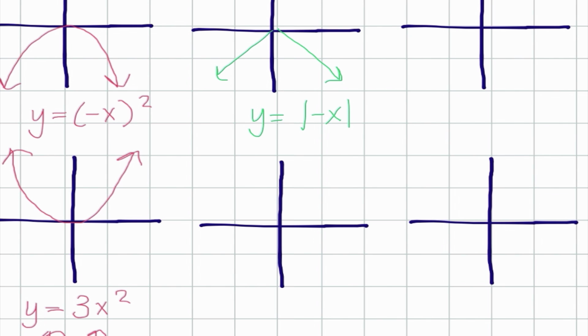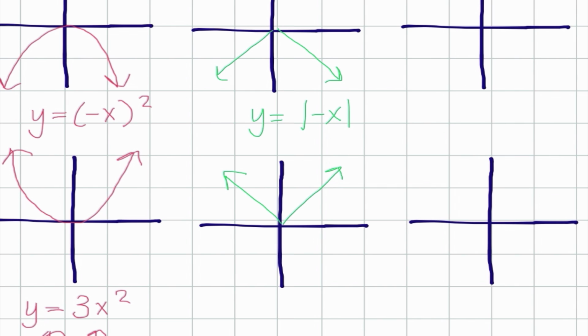If I was just thinking, oh, the negative inside means a reflection over the y-axis, well, this V is already symmetric around the y-axis, so I can just draw my normal graph. Or you might have thought, the absolute value of a negative is a positive number, so we end up with just y equals the absolute value of x again, which is our original graph.